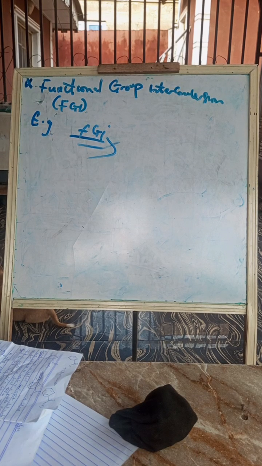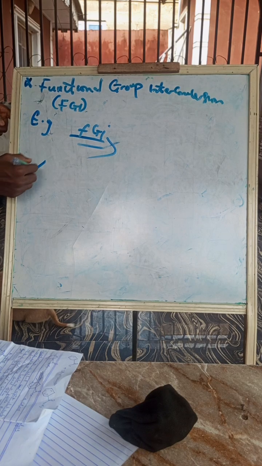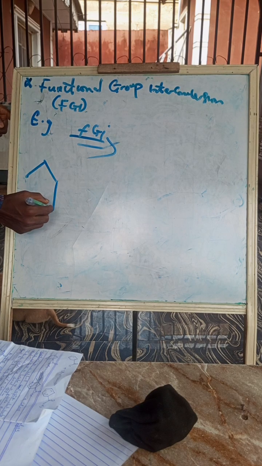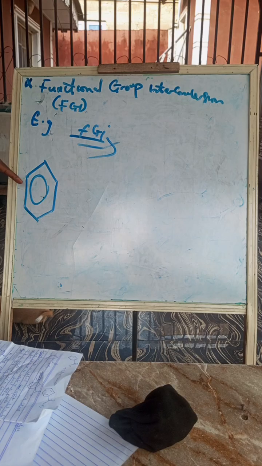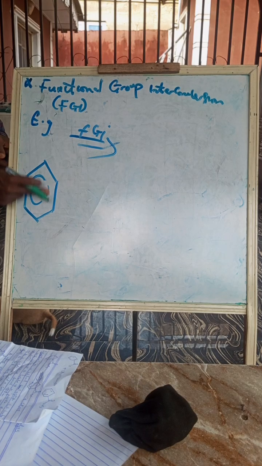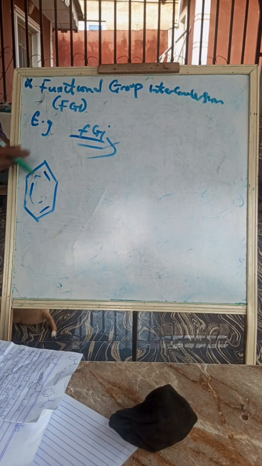So the first one, this is an aromatic compound, and if you don't write benzene in this manner, you can also write it in this manner. That is, in benzene there is shifting of pi bonds.